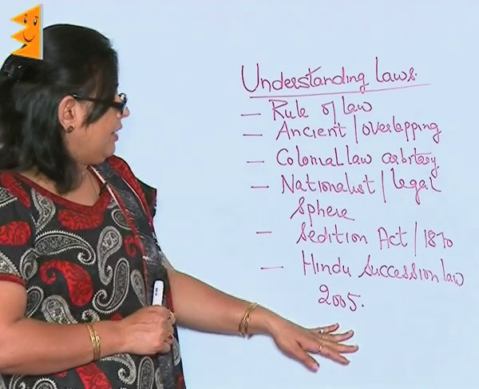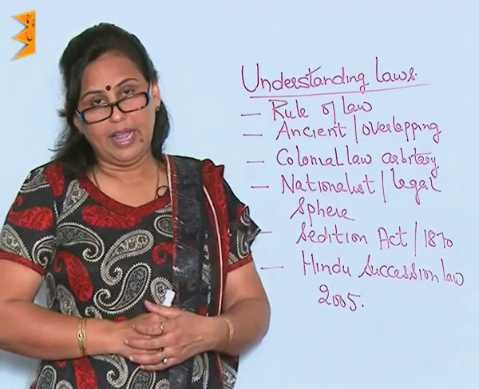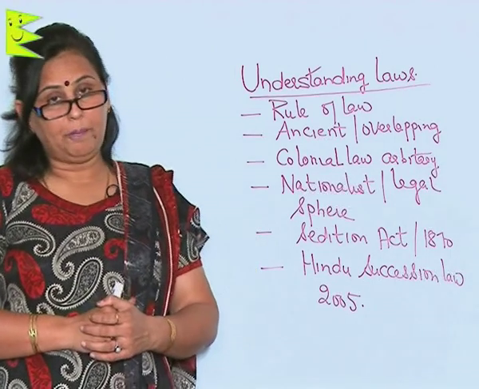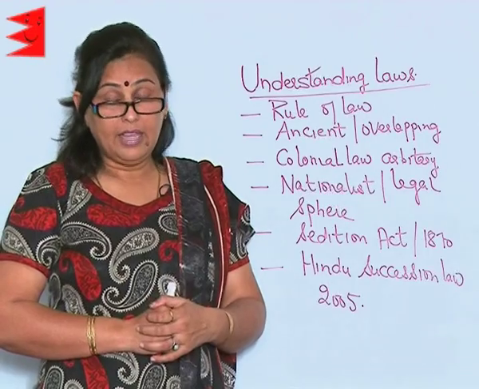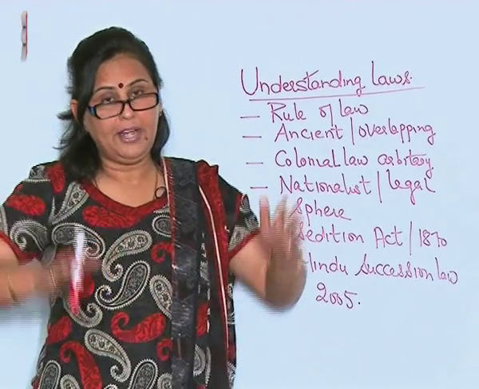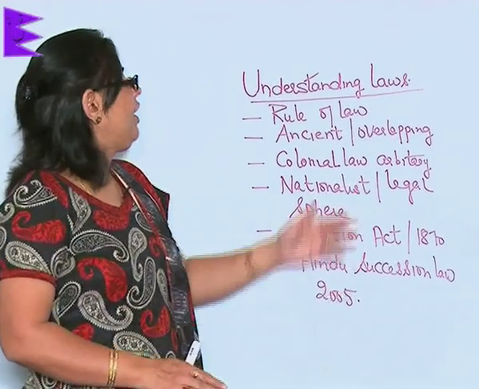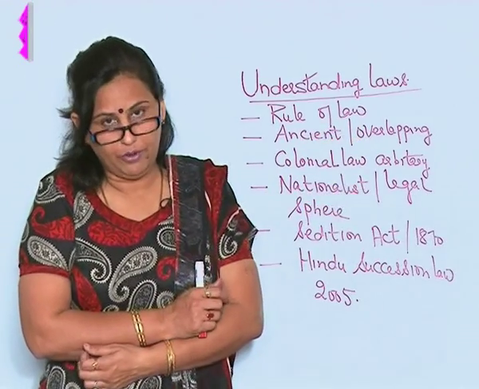Well, the years have passed on and the constitution was adopted after the independence, and thus many laws have tried to bring about equality or what is called as rule of law.